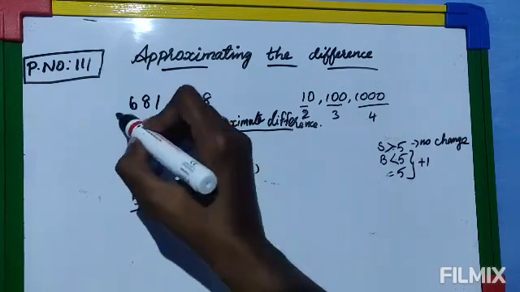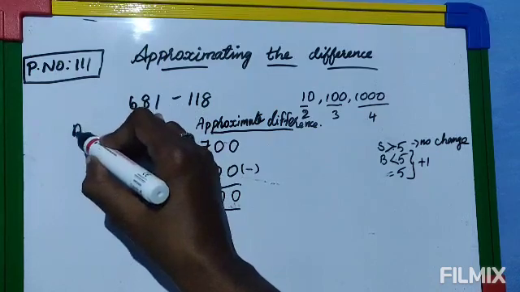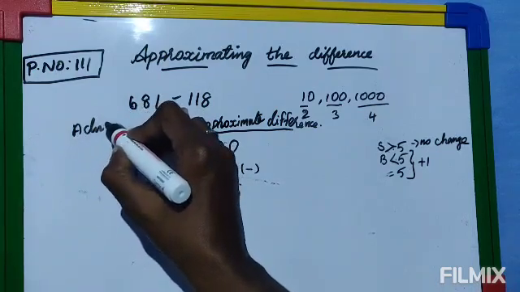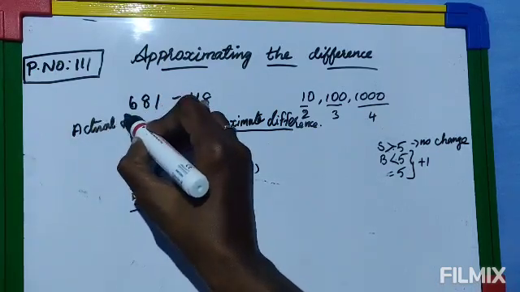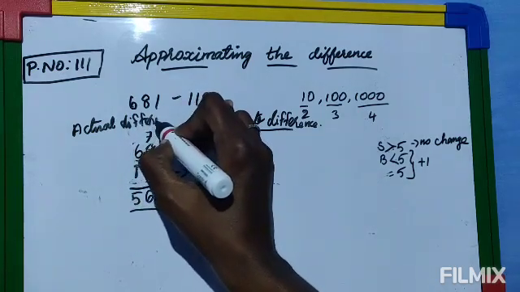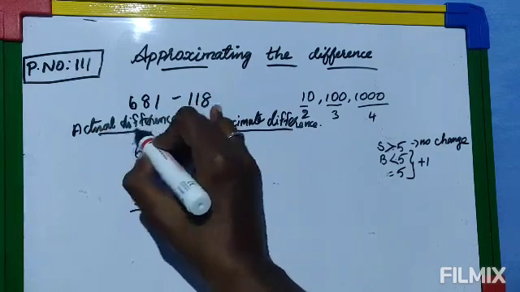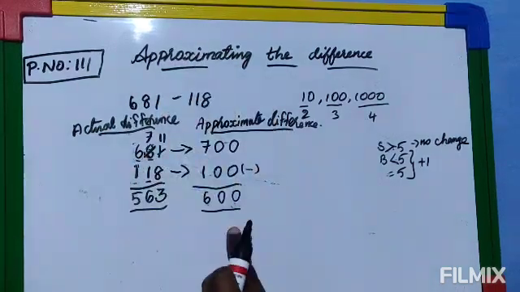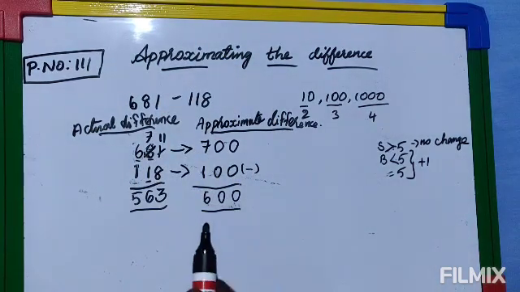So this is called the actual difference. This is the actual difference, this is the approximate difference. This is the way how to do the sum.